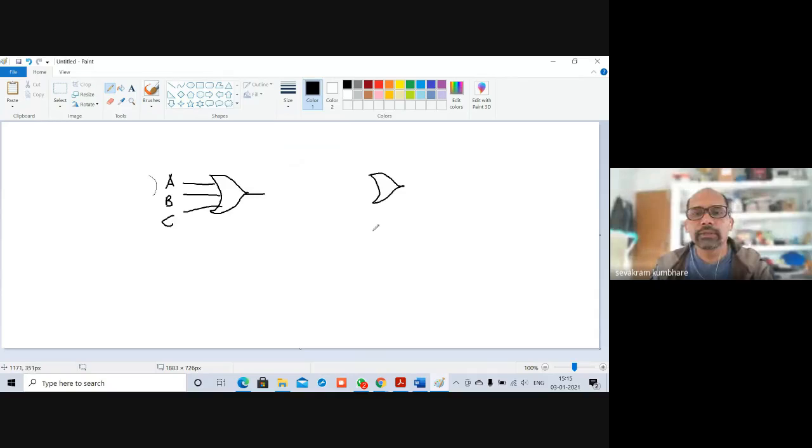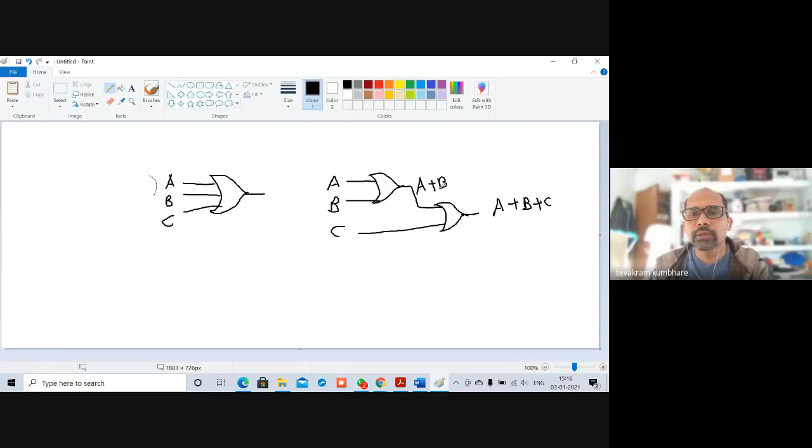This is one OR gate and this is another OR gate. I can apply A and B over here, and this OR operation output I can apply to this, and this I can apply to C, so that this will give me A plus B plus C. This will give me A plus B. Is it correct? Can I do this?